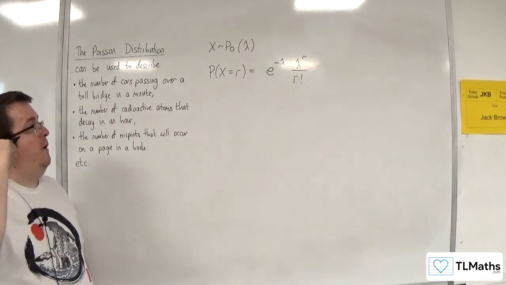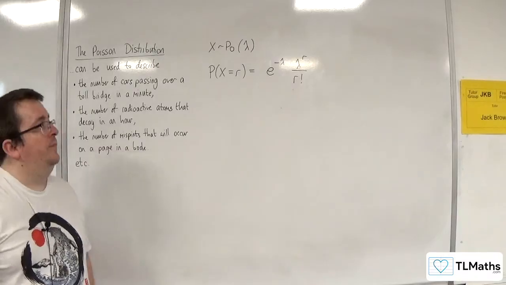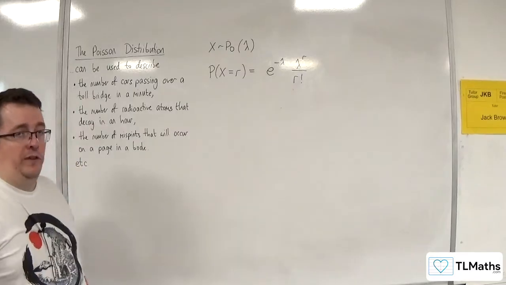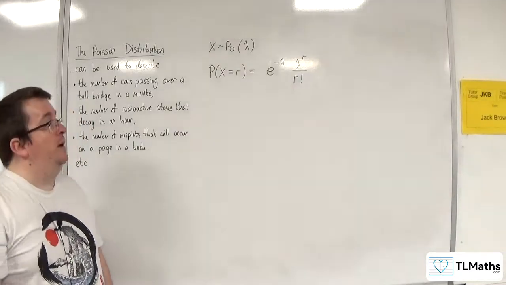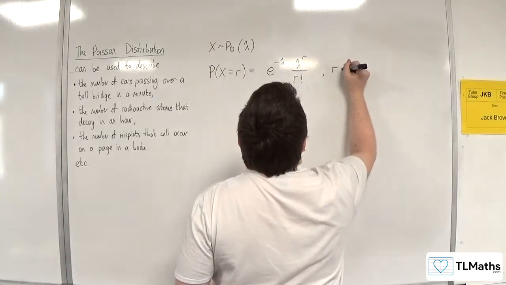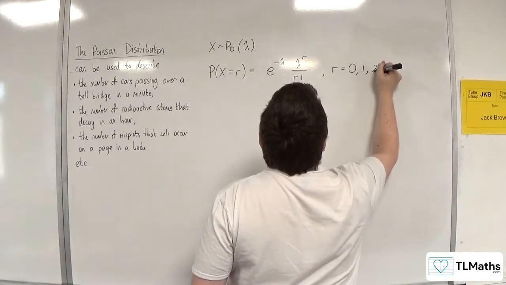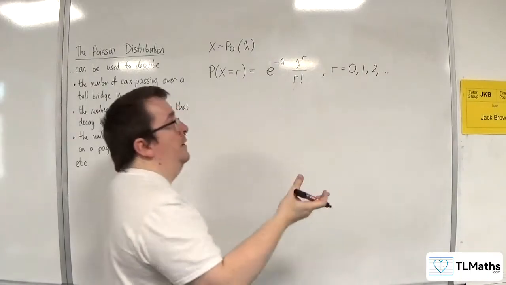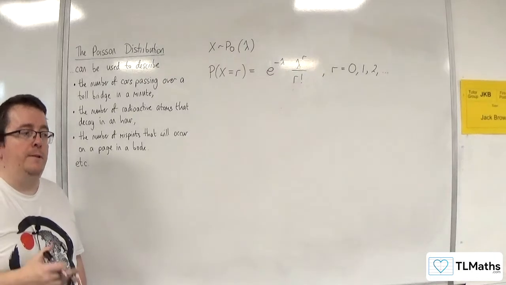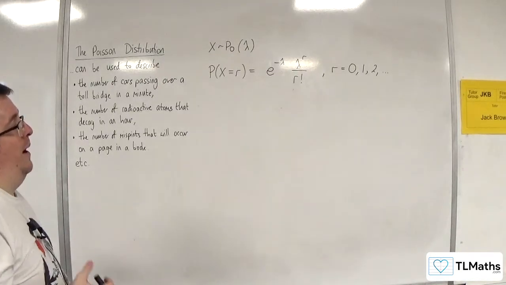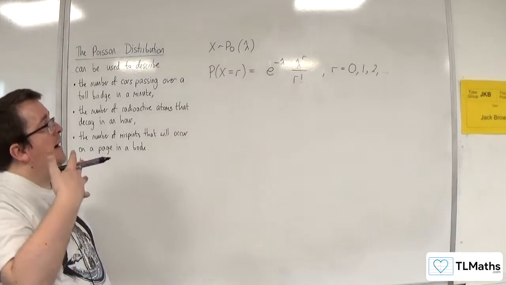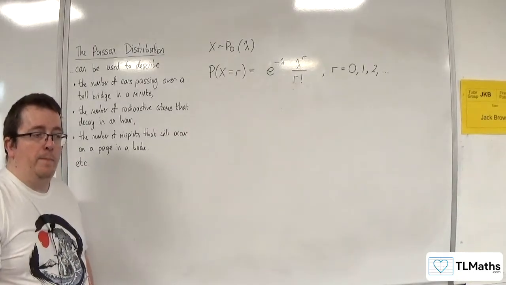It's quite a strange looking formula, but you will need to know how to use it. The actual formula is given to you in the formula booklet, and r takes on the values 0, 1, 2, 3, 4, 5, 6, 7, etc. forever. So it's unbounded. Unlike the binomial distribution where it is capped at a fixed number of trials, the Poisson distribution is not.